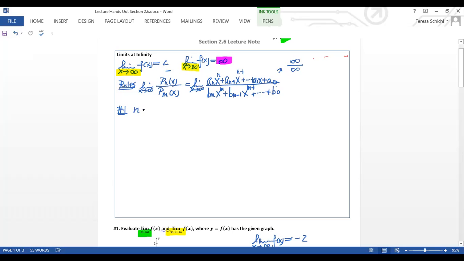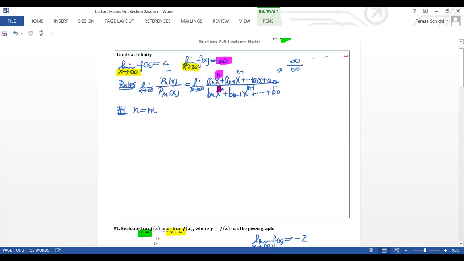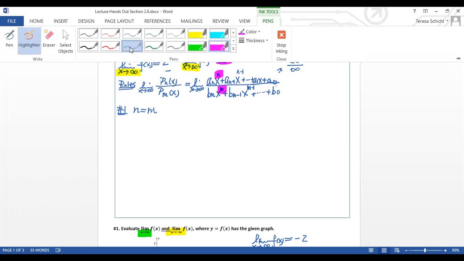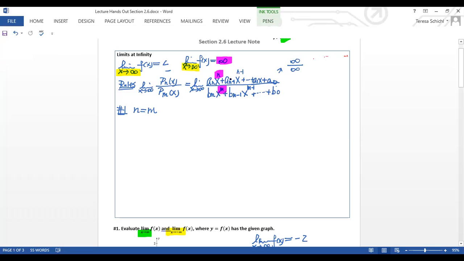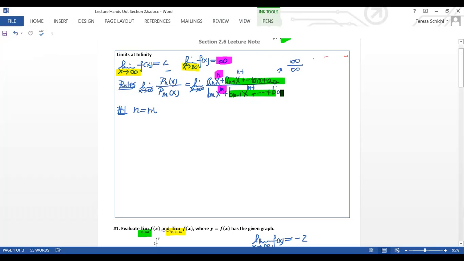If n is equal to m, that means the exponents are equal. Because these are polynomials, the first term dominates. So the numerator and the denominator are going to infinity at the same rate. Because they go at the same rate, I don't need to worry about the remaining terms.